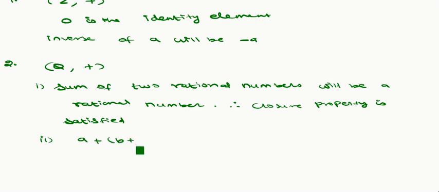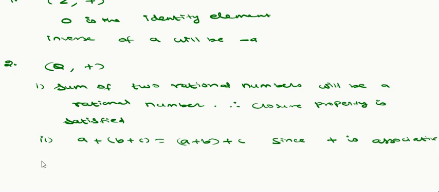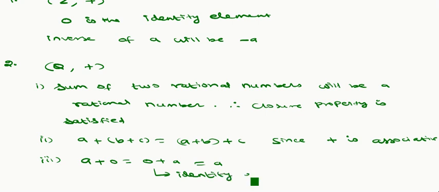And the second one: A plus B plus C will be equal to A plus B plus C, since plus is associative. The third property is the existence of an identity element. Here A plus 0 equal to 0 plus A equal to A. This 0 is called the identity element.